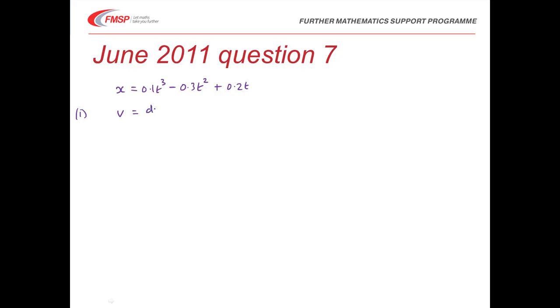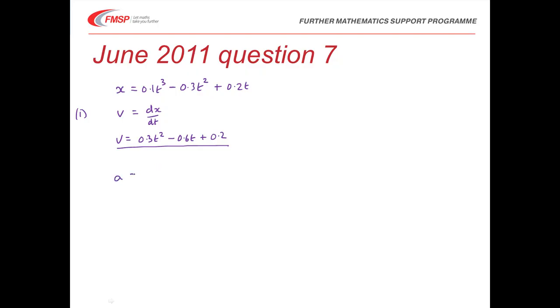Velocity equals dx by dt, and that gives me velocity equals, bringing down the power, 0.3 times t squared, minus, bring down the power times 0.3 is 0.6, and take 1 off the power, t, plus 0.2t differentiates to 0.2. There's my expression for velocity.